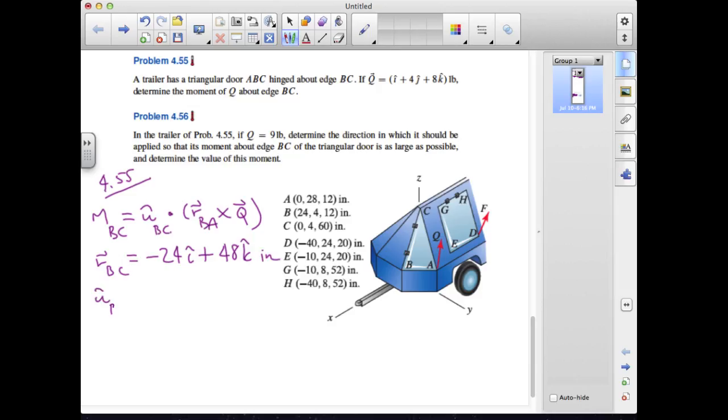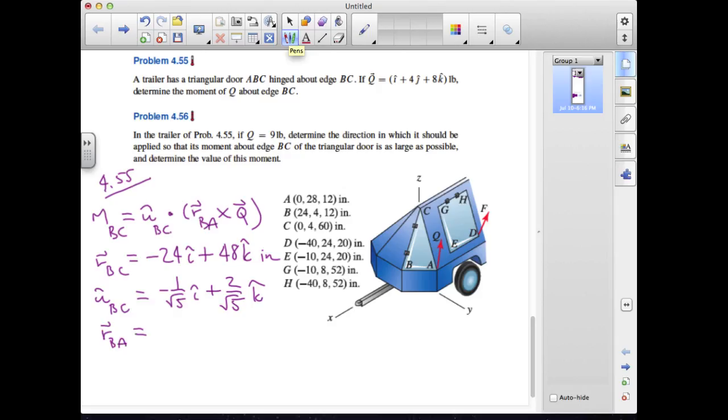The unit vector along BC is RBC divided by its own magnitude. We could make a note here that we could write RBC as 24 times the vector minus I plus 2K, and that would allow us to write the unit vector as minus 1 over root 5 I plus 2 over root 5 K.